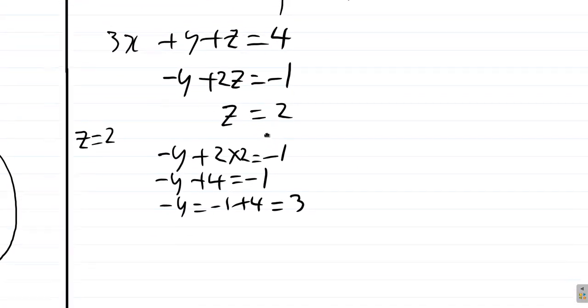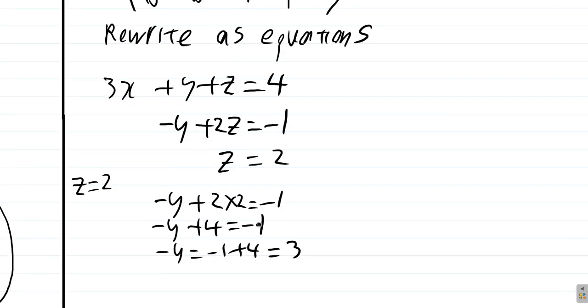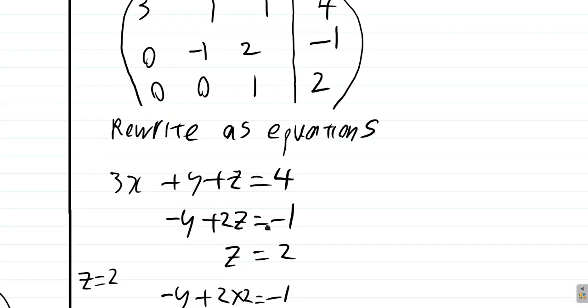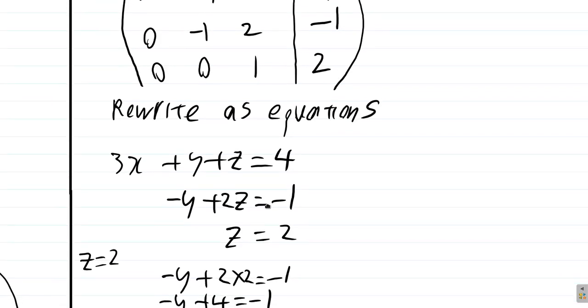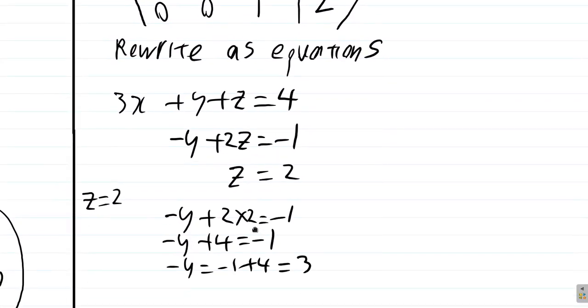Now, hold on, we have negative y plus 2z, 2 by 2, equals negative 1. And then negative 1 minus 4. What did I say? Plus 4. My mistake there.